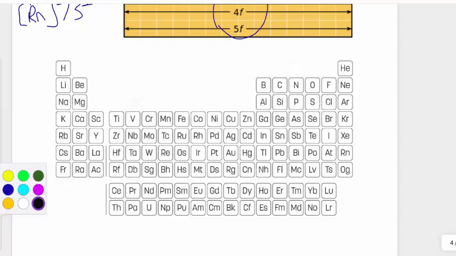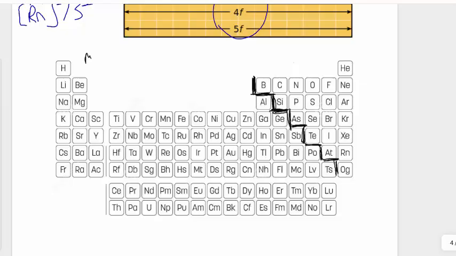If you go to where the corner is here with boron, we're going to go down and across and make a staircase on the periodic table. And this is going to divide the periodic table for us into categories. The three categories are going to be metals, nonmetals, and metalloids.